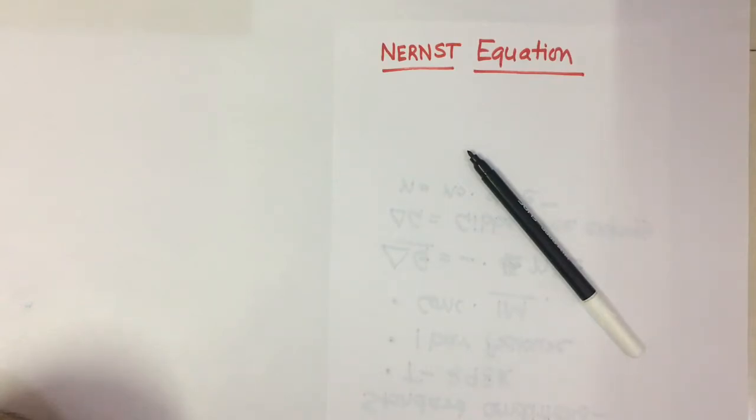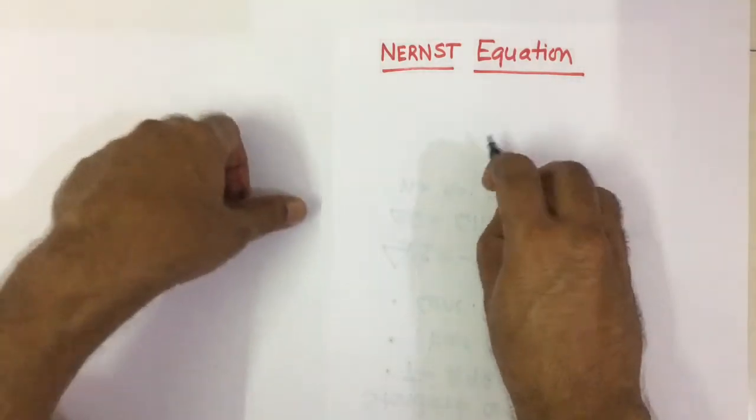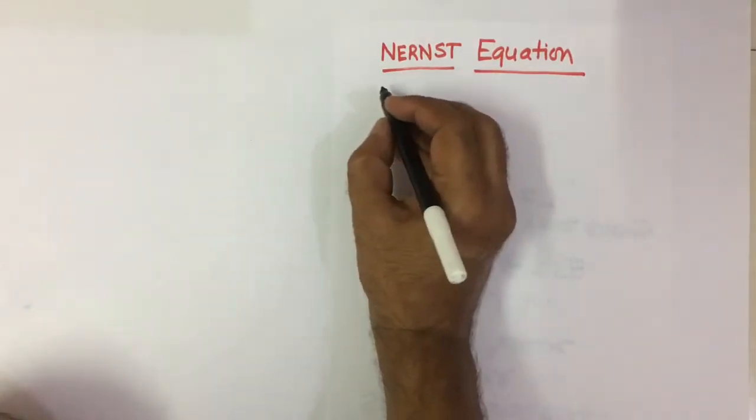So today we are discussing a very important topic of the chapter electrochemistry, and you get numericals on this topic. The topic written before you is the Nernst equation. What is the Nernst equation?